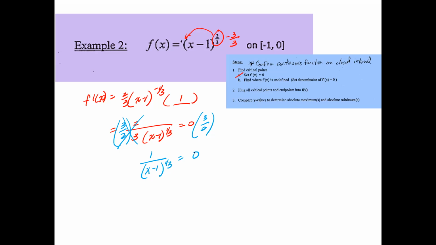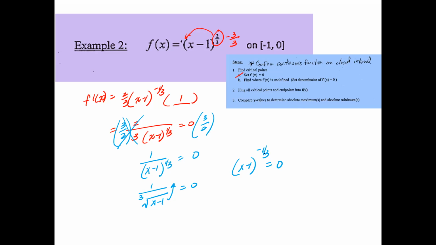Then I guess I could go ahead in a sense. Let's see. If I were to bring this up, I'll have (x minus 1) to the -1/3 equals 0.